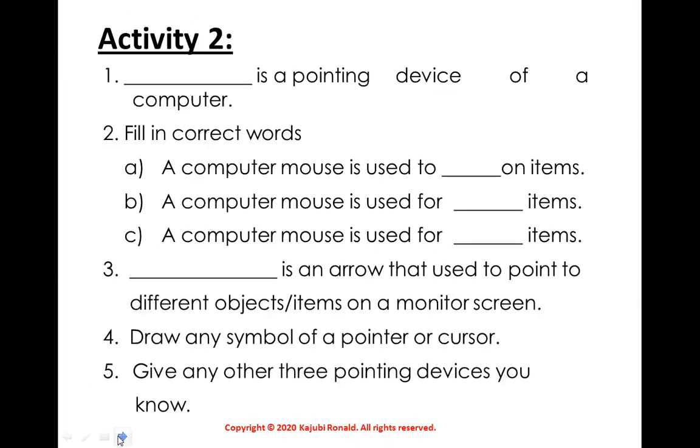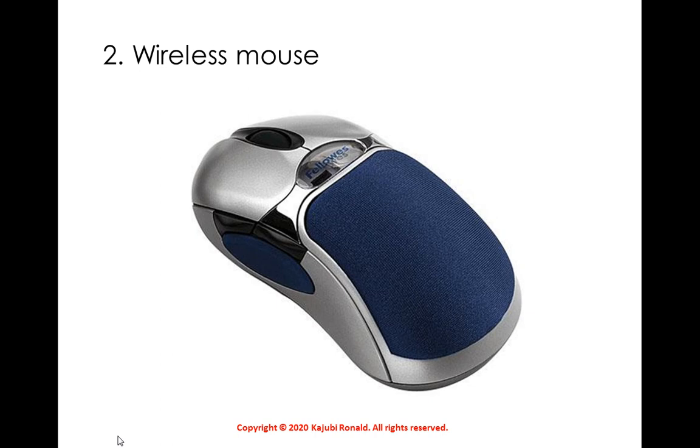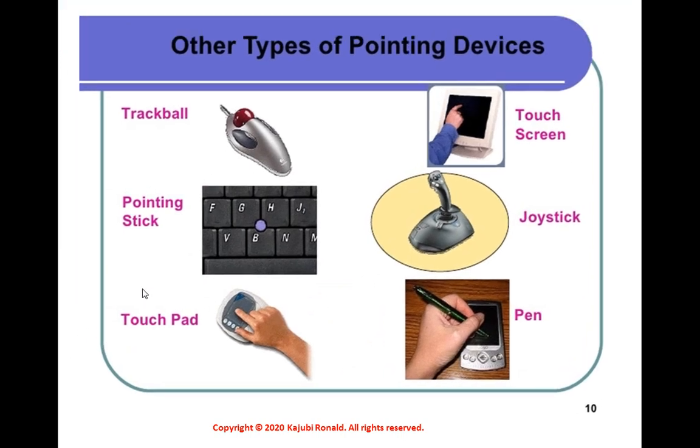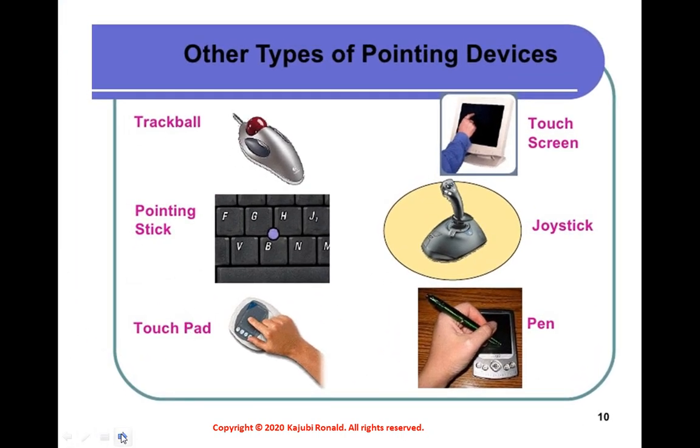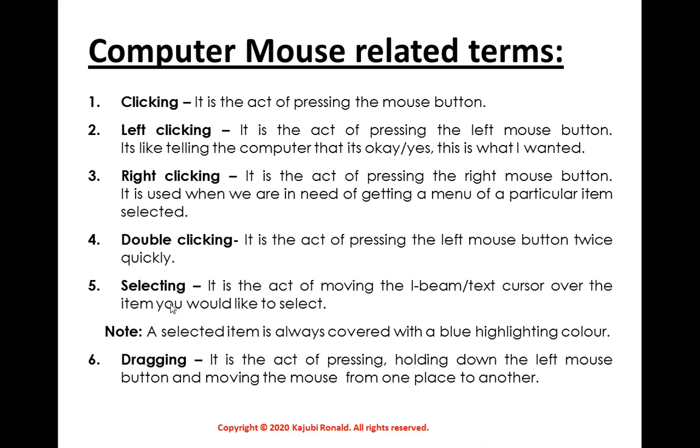We always use that text cursor when we are in need of selecting a particular area. So I was trying to explain what is meant by the term selecting. Sorry for taking you back, but I was trying to show you what you call the text cursor or the I-beam. So back here, selecting is the act of moving the I-beam, the one we have seen, the text cursor.